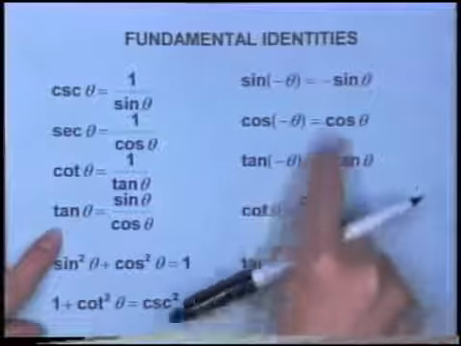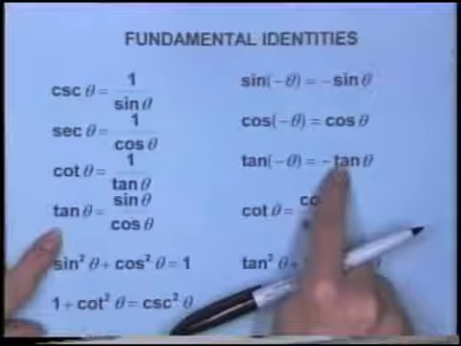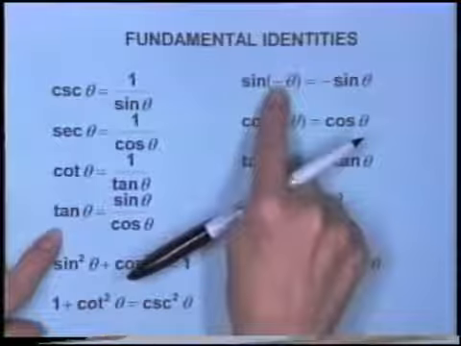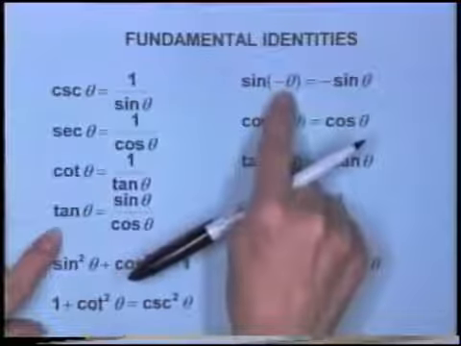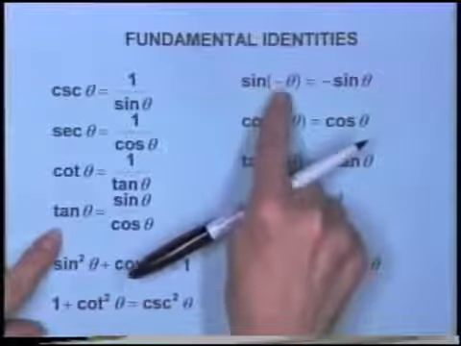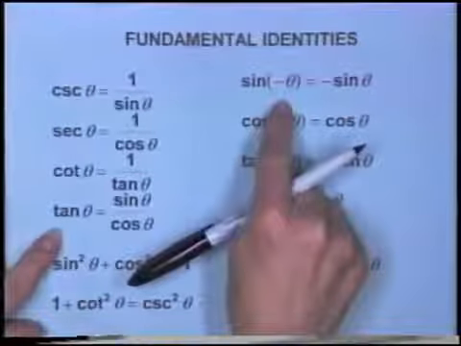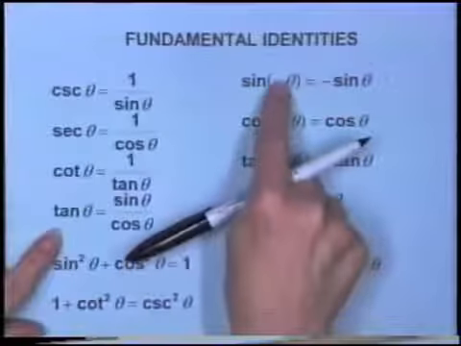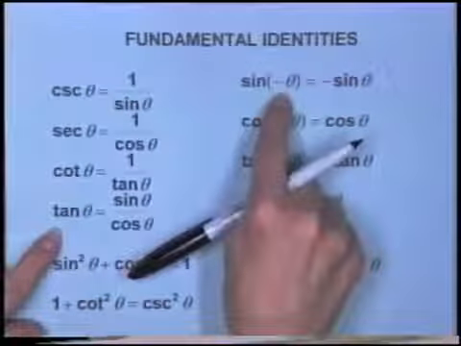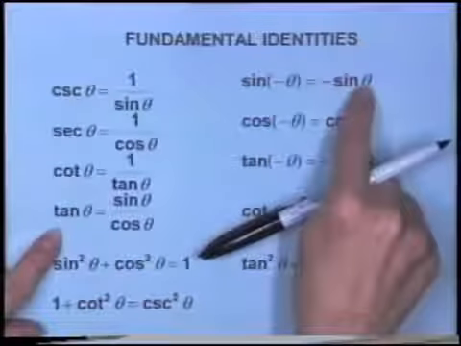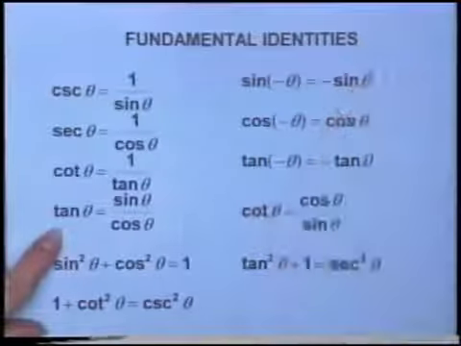The way I try to remember these is to think about the quadrants and the sign involved in the quadrants. If I have a negative angle, I sort of picture a fourth quadrant angle, although it doesn't necessarily have to be fourth quadrant. But I realize that in the fourth quadrant the sine is negative, whereas in the first quadrant it's positive. So if I'm doing the sine of a negative angle, that has to be negative, and of course it will have the same numerical value as the sine of that positive angle.